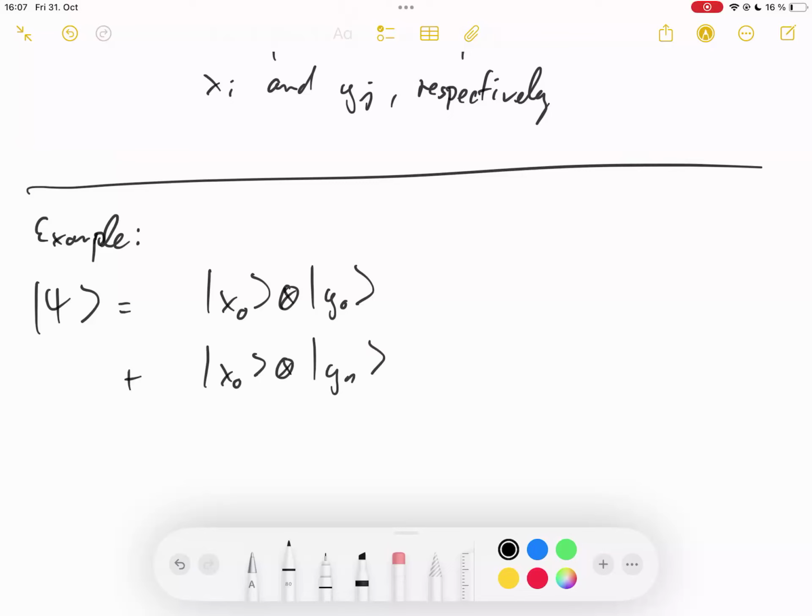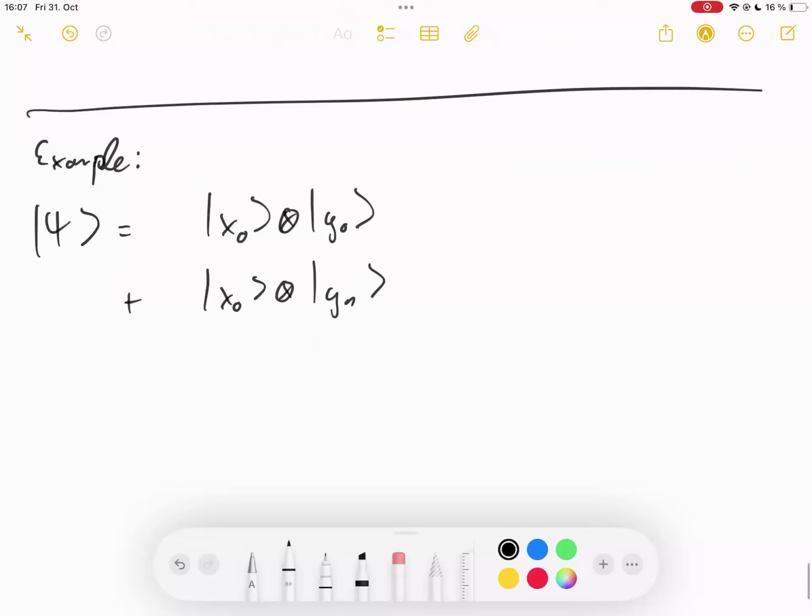And we just assume that n and m is 2. So we have 4 components. Then x1 and y0 and x1 and y1.